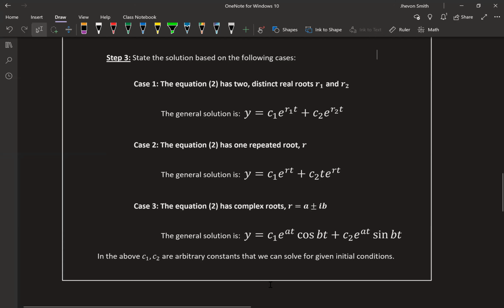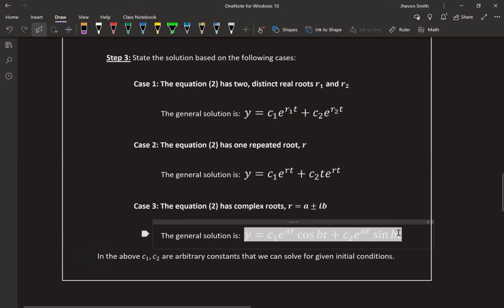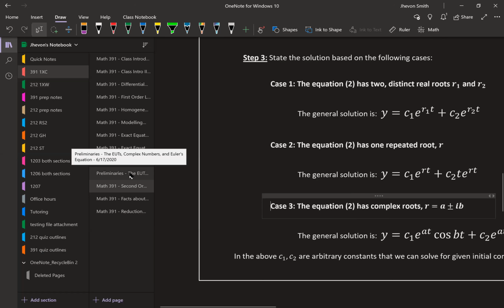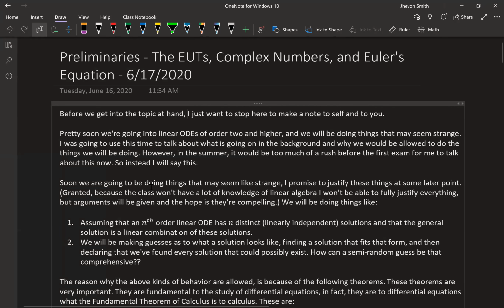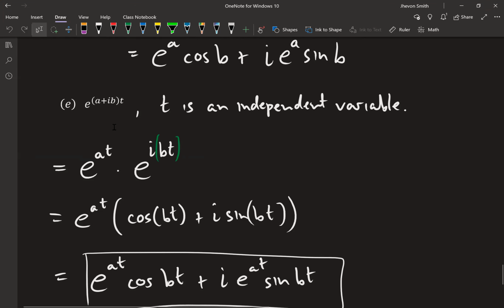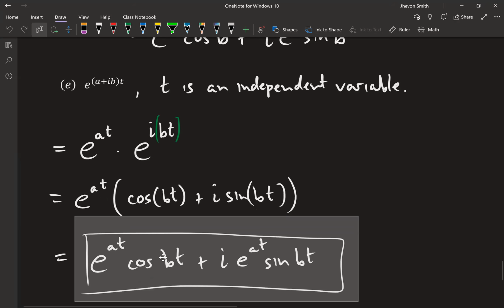In the complex case, it's going to break down into exponentials and sines and cosines. And you might wonder, why does it look like that form? Well, remember last class, we didn't do all this work for nothing. There was a reason. Last class, remember, if we plugged in something that looks like a plus ib times t into an exponential, it breaks down by Euler's equation into something that looks like this.